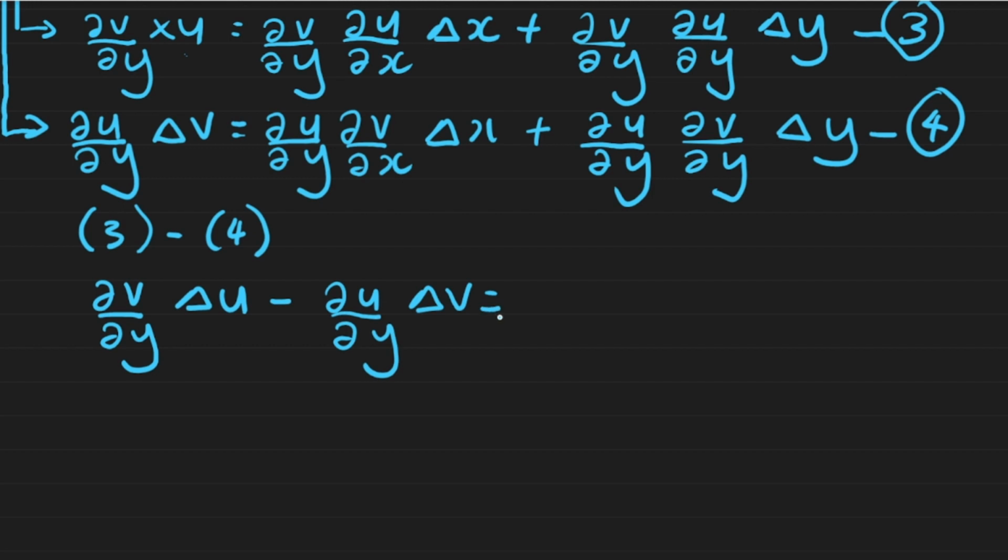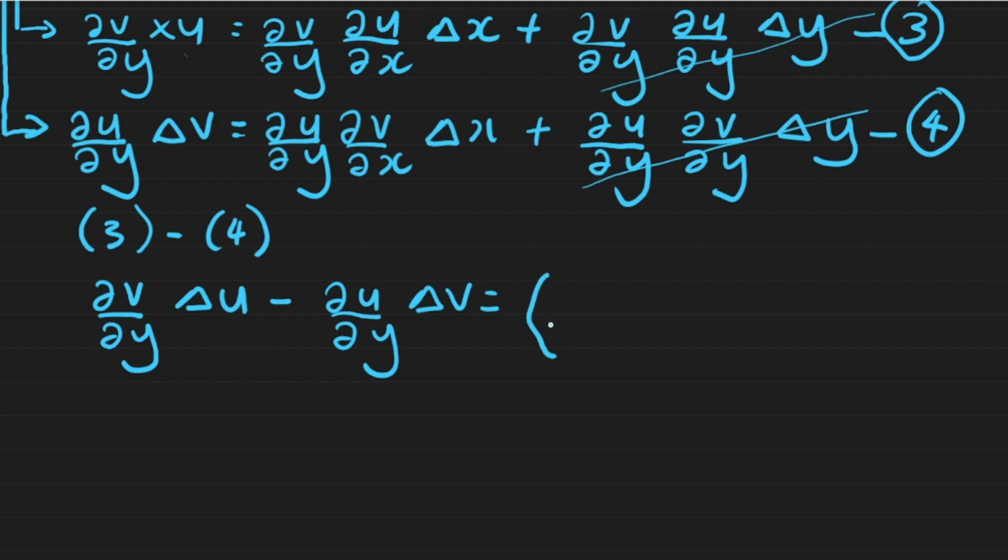And this is equal to, we can take out delta x as a common factor in both these equations when we subtract. And of course, we see that these terms cancel out. We have ∂v/∂y, we have ∂v/∂y, we have ∂u/∂y, we have ∂u/∂y, and delta y. So both of these will cancel. What we're left with is these two terms and delta x as the common factor.